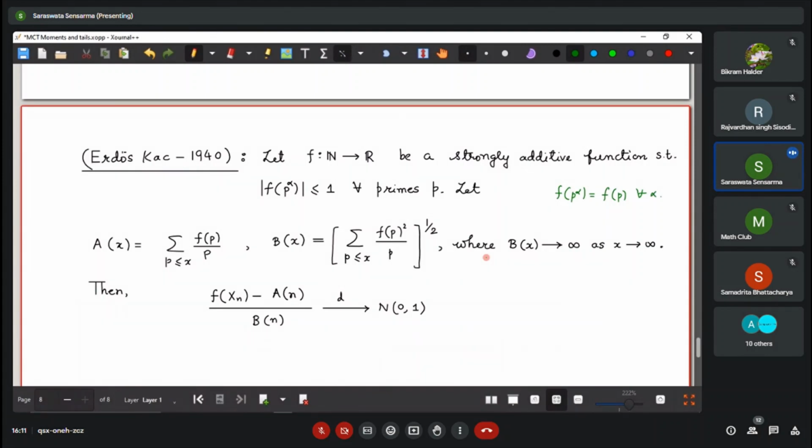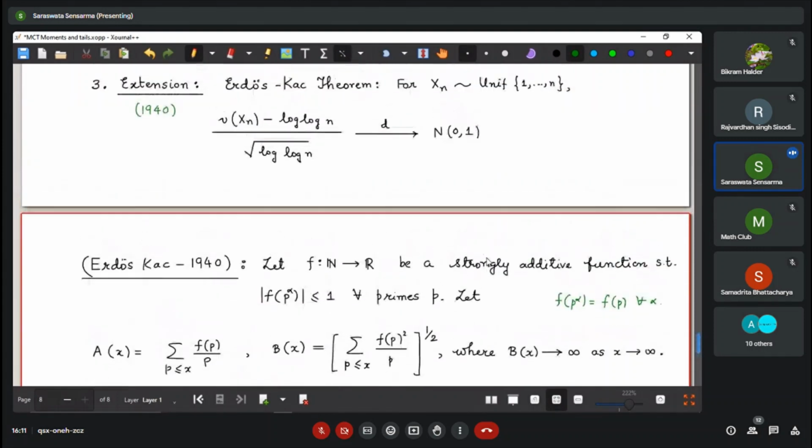So this is sort of a story of how a simple result in number theory, which is slightly complicated to prove, can be probabilitified, and it leads to more beautiful results and so on.